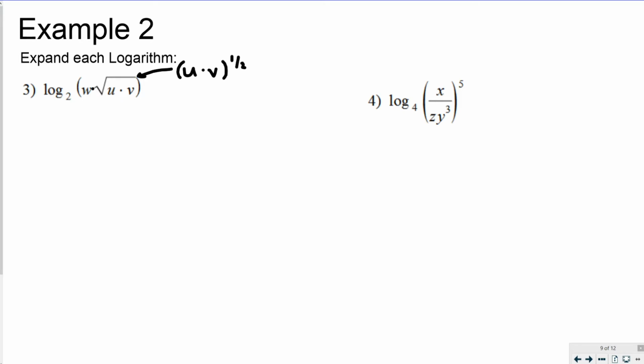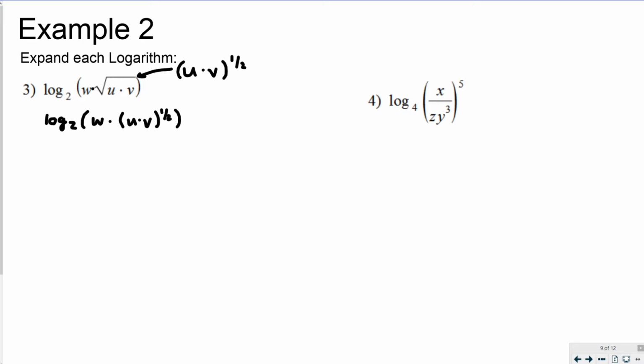So what we are going to do is rewrite this log expression with exponents instead of square roots. So log base 2 of w times, and I need a second set of parentheses here, u times v to the 1/2 power, close the parentheses.